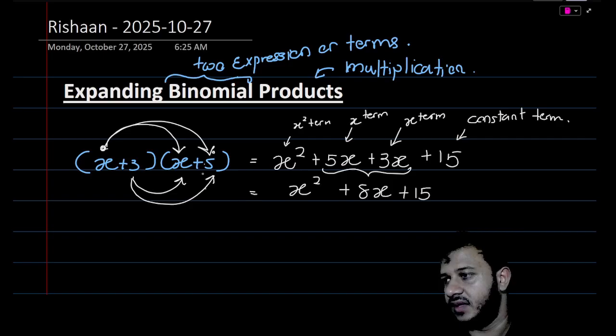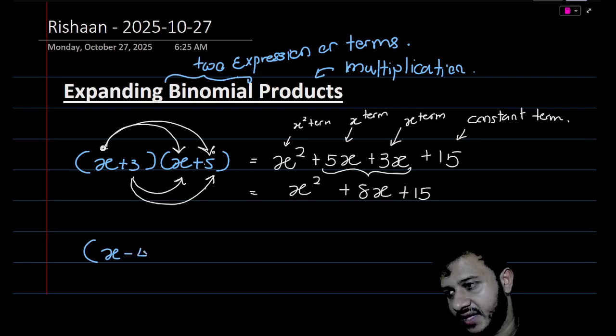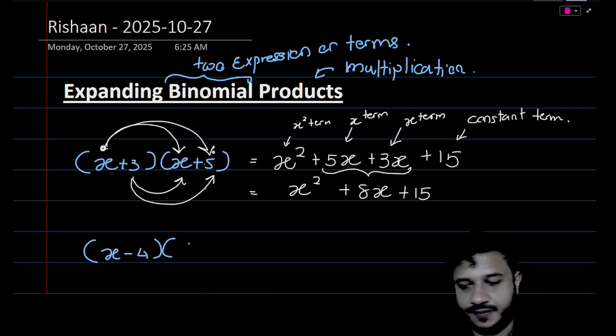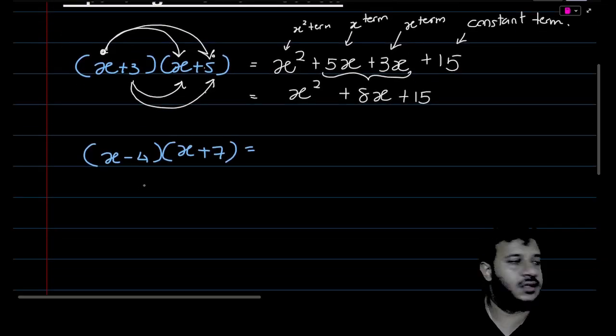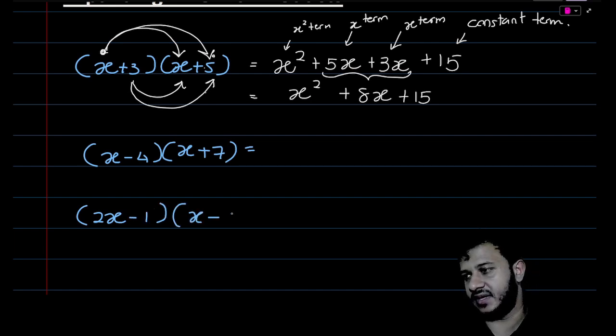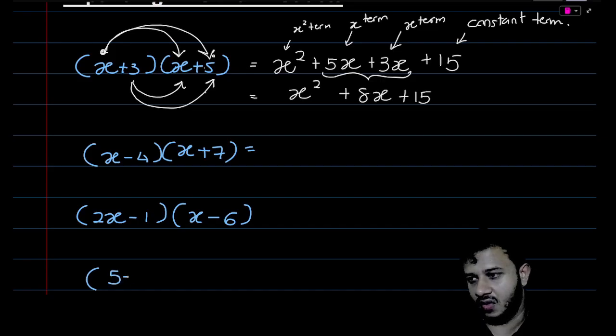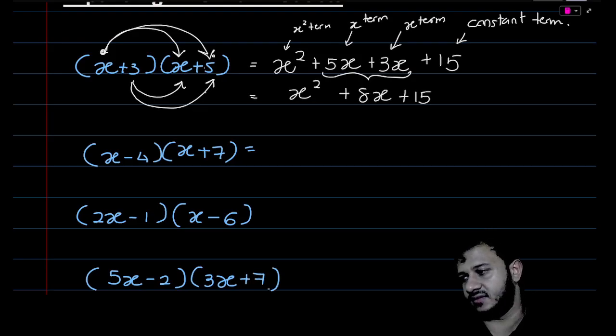Can you quickly, nicely write that down? And after that, do this question. X minus 4 times x plus 7, and then 2x minus 1 and x minus 6, 5x minus 2 and 3x plus 7.